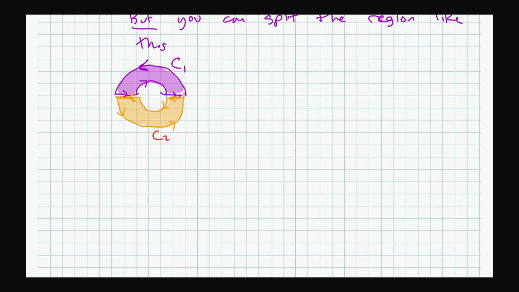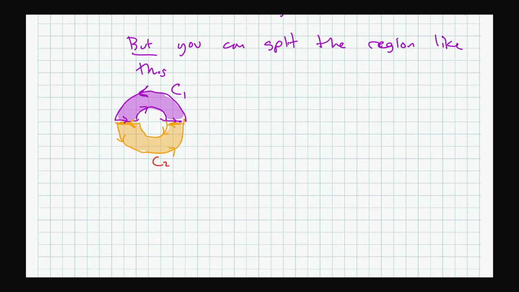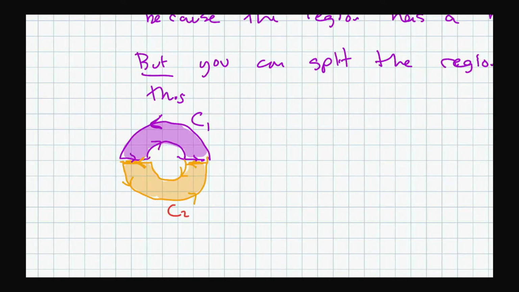And then in each of the two shaded regions separately, Green's theorem would apply.